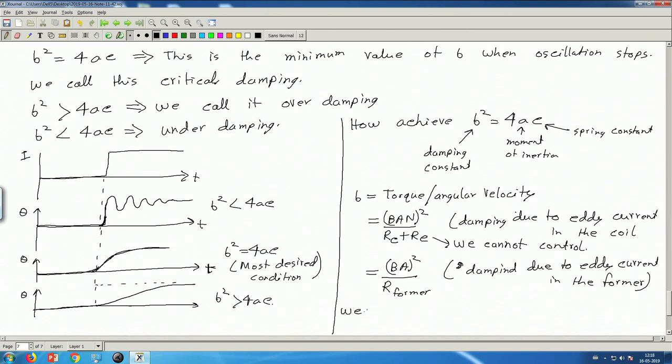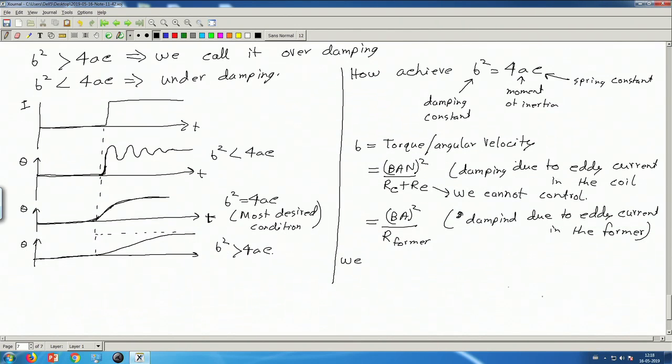Now, if we choose, let's say, first a very high value of R former resistance, this will imply low b, maybe very low b, and this may imply oscillation or underdamped situation.